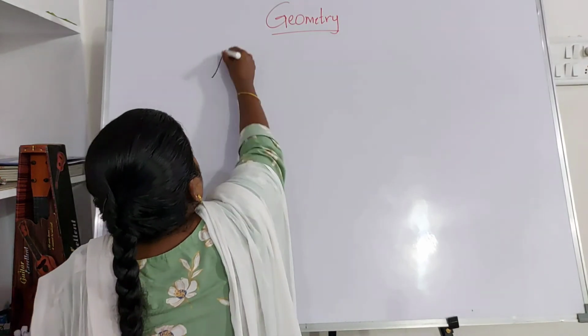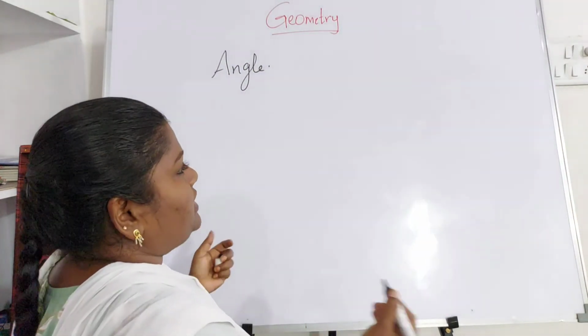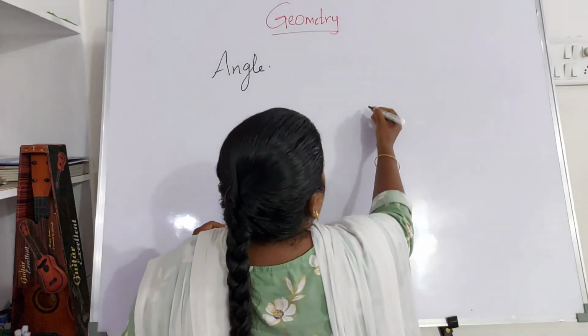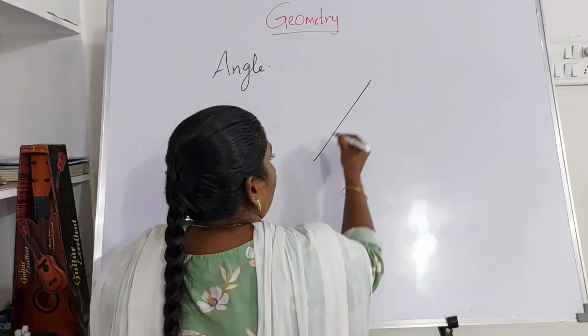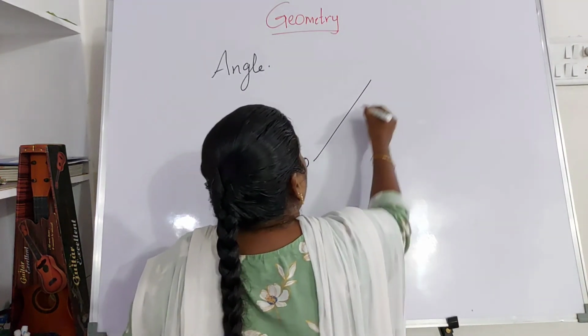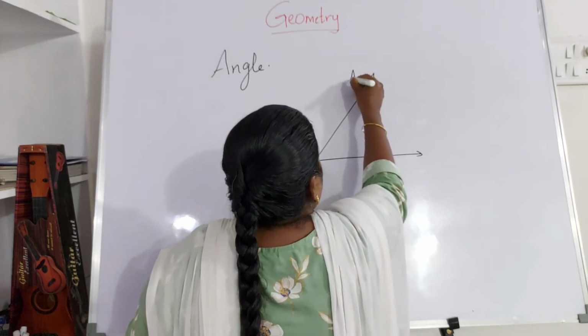Next is angle. Now what is an angle? As I explained just now, I am considering a ray, that is OA, and the next one is OB.